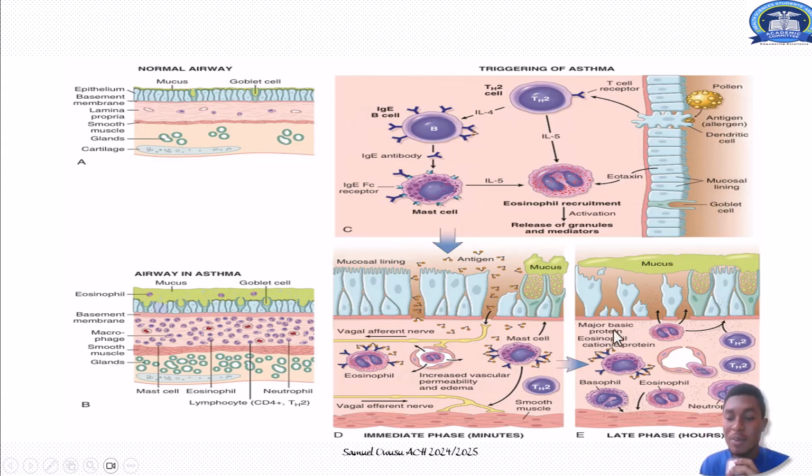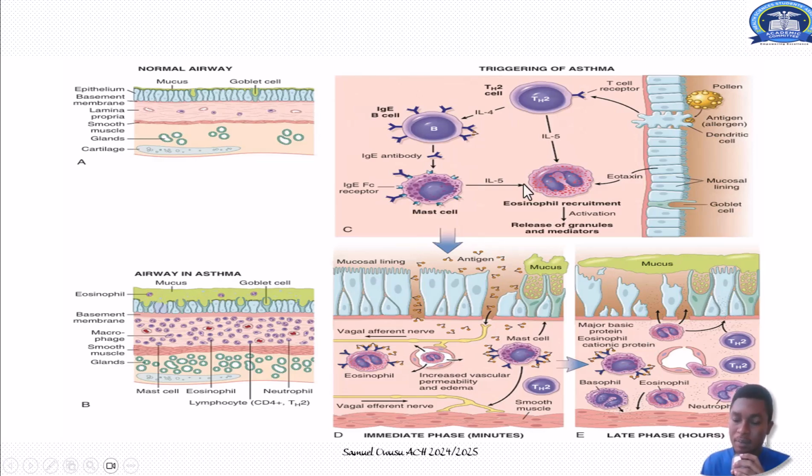This major basic protein helps the eosinophils in the production of inflammation, so the airways become highly inflamed. The inflammation is enhanced in the late phase of asthma, and in this stage the patients struggle or gasp for air. We don't want to get to this stage, so we want to arrest it as soon as possible.